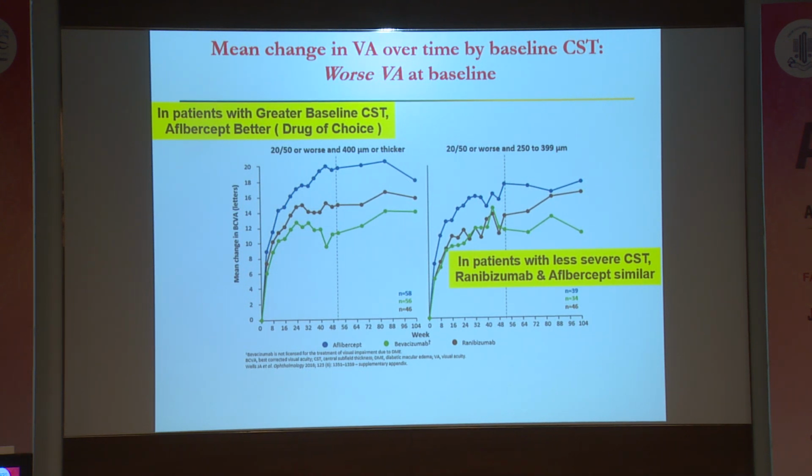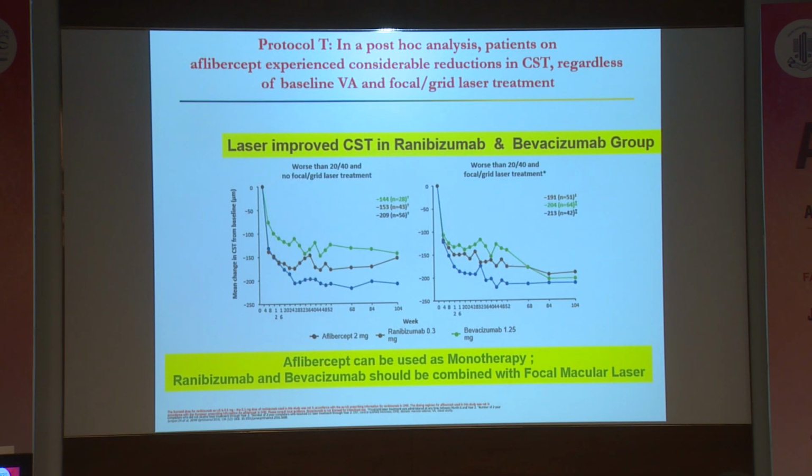Patients who've got thickness of 250 to 399 micron, aflibercept and ranibizumab are equally good. And now, if your patient can't afford monotherapy with aflibercept, you can add laser to both bevacizumab and ranibizumab and get the same degree of drying in these patients who've got poor visual acuity. And this is what you see over here.